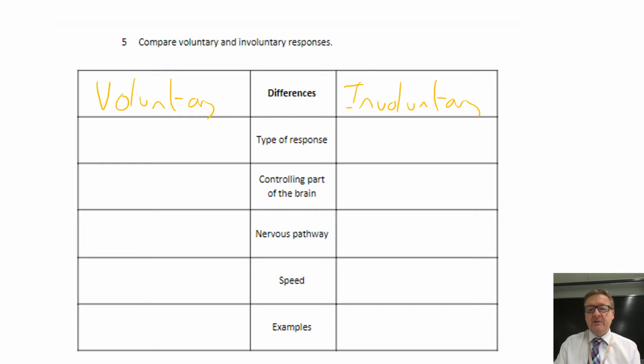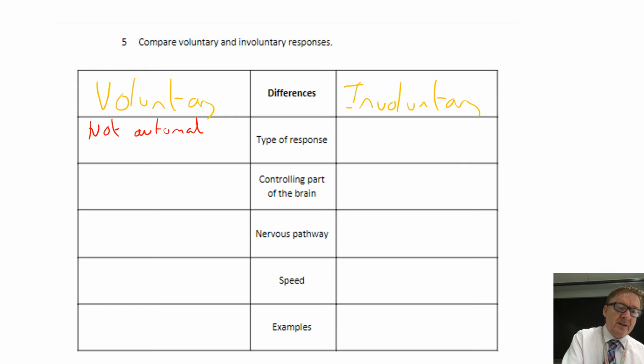Involuntary is something that you can't control, you can't decide to do. Right, so type of response is not automatic, you are aware. So that is a voluntary thing. So like me doing this video is voluntary. Type of response is automatic.